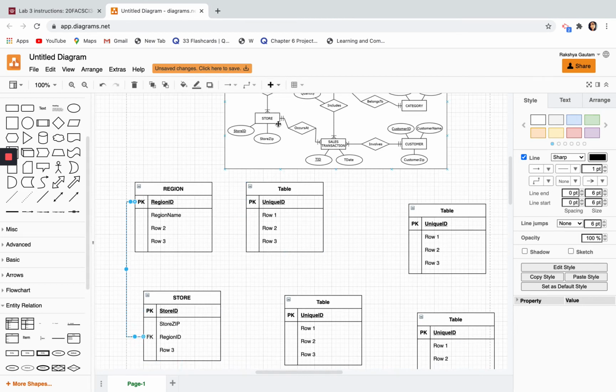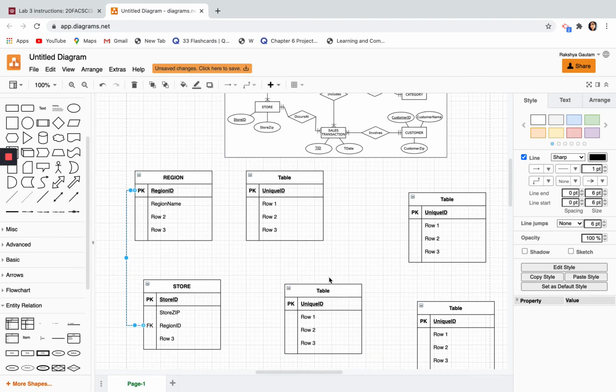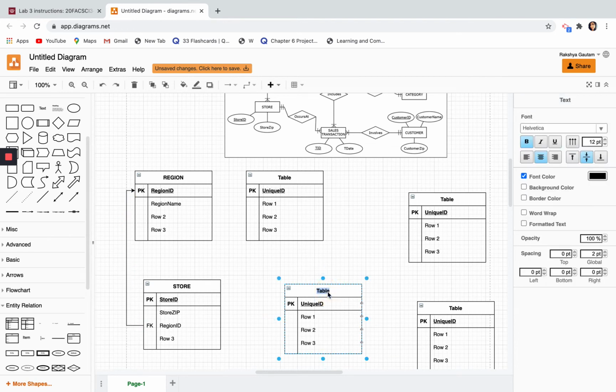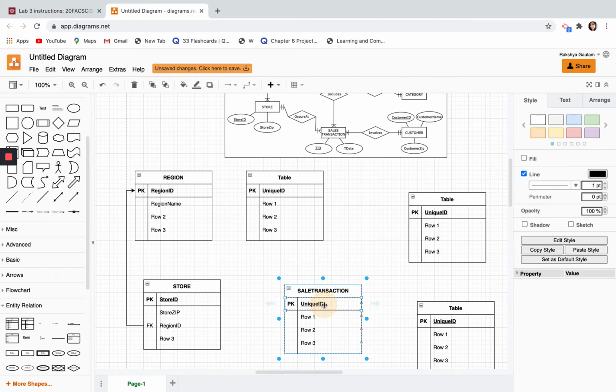In the ER diagram, store is connected to sales transaction by a one-to-many relation. So here is the table for sales transaction.